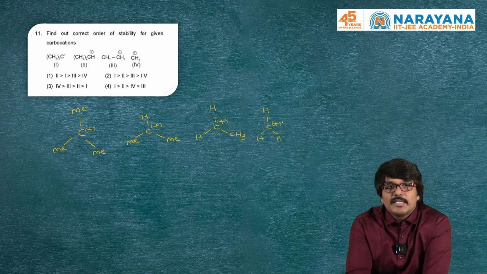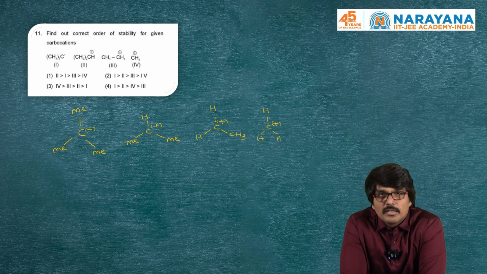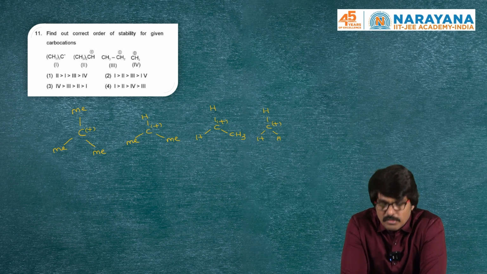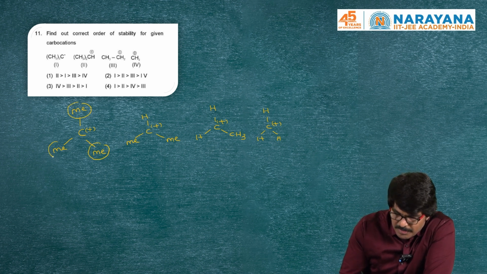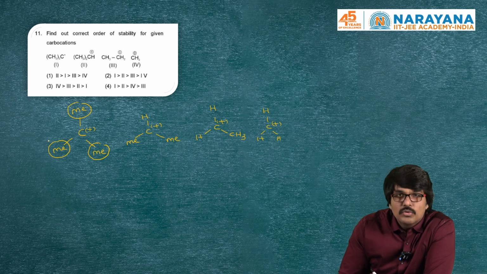The carbocation has a positive charge. If there is any electron donating group, that will stabilize the carbocation. EDG, electron donating groups, will increase the stability of carbocations. Of course, here we have 3 methyl groups. Each methyl group contains 3 hydrogens.